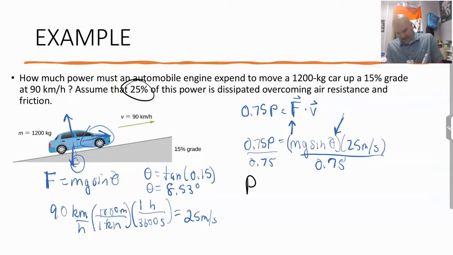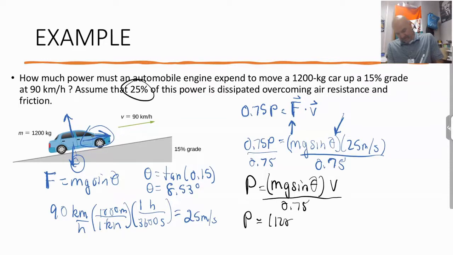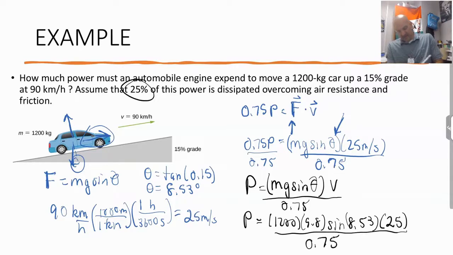So now I can say power equals mg sine theta times my velocity over 0.75. Now I can plug in my numbers: 1200 times 9.8 times sine 8.53 times 25, divided by 0.75.